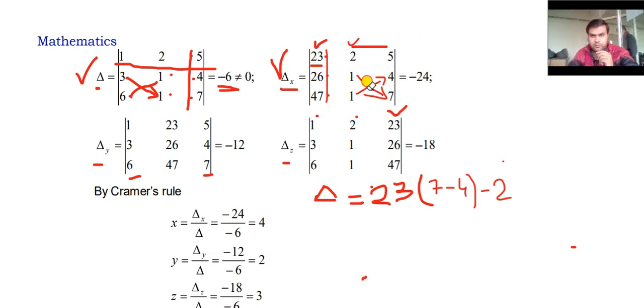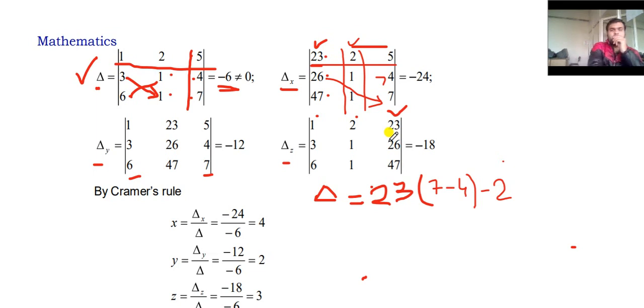So we have to erase all the things. Okay, so we have to hide this column and this row. What is remaining? 26, 47 and 4 and 7. So this 26 is multiplied with 7. Let me open the calculator first. 26 multiplied with 7, that is 182.